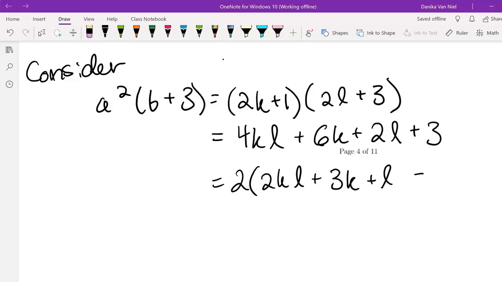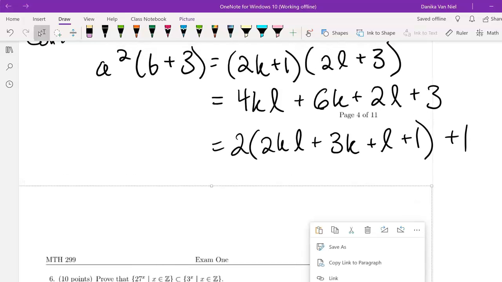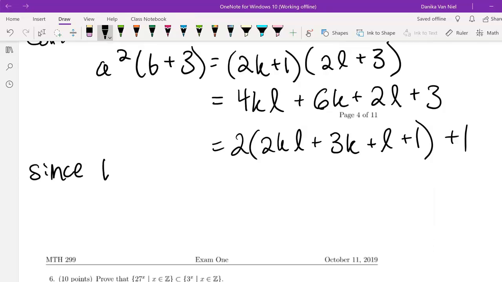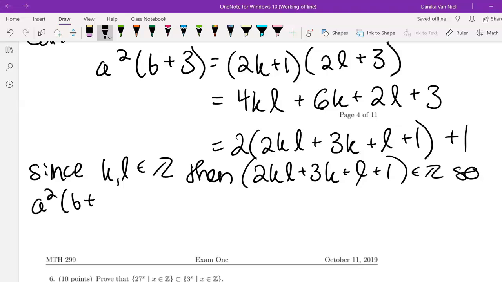Just make sure that you are clear that it's just what you want and you're not assuming what you're trying to prove. Okay? Alright, so boom, boom, boom. Since K and L are in the integers, then 2KL plus 3K plus L plus 1 is in the integers. So A squared B plus 3 is odd by definition.